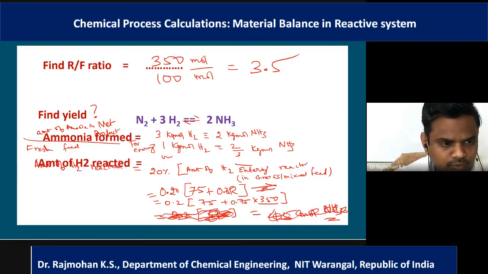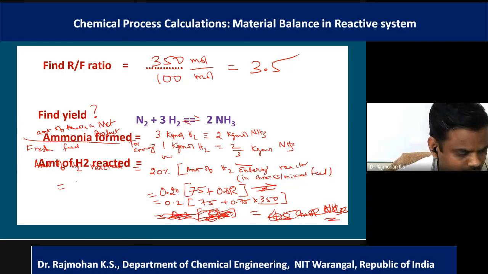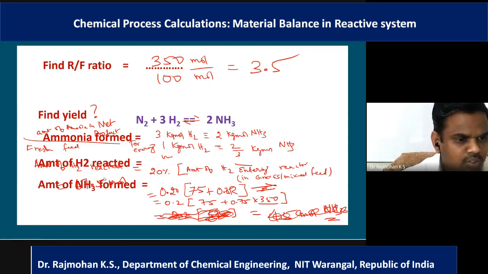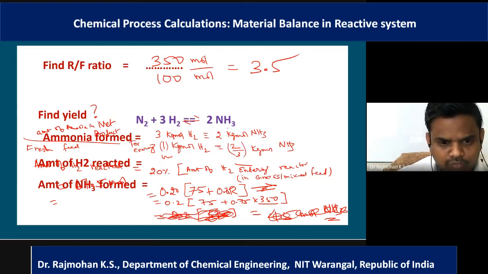The amount of hydrogen reacted is equal to 67.5 moles. Okay, now we can find out the amount of ammonia formed. The amount of ammonia formed is 2/3, right? For 1 kg mole there is 2 by 3 kg mole of ammonia formation.